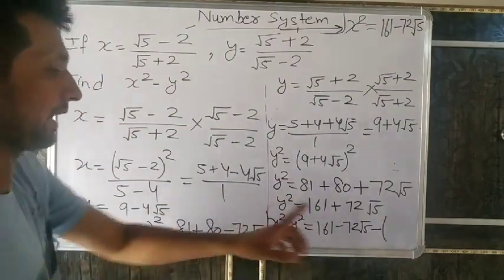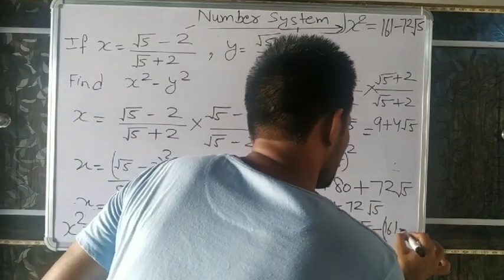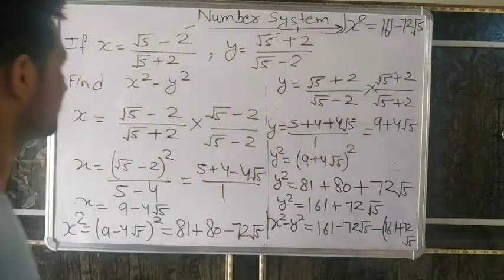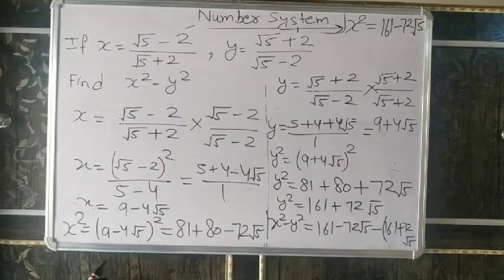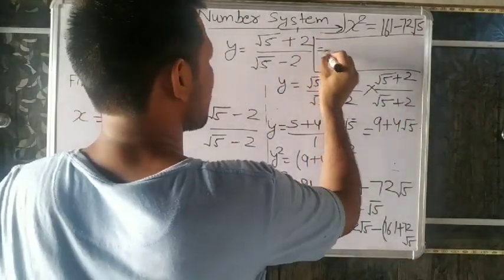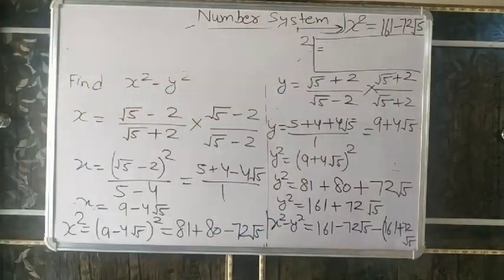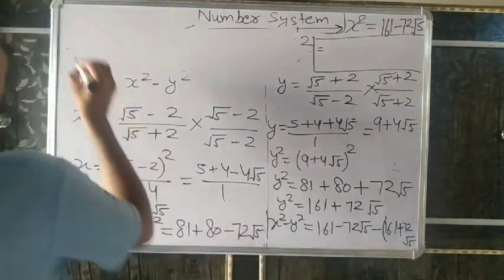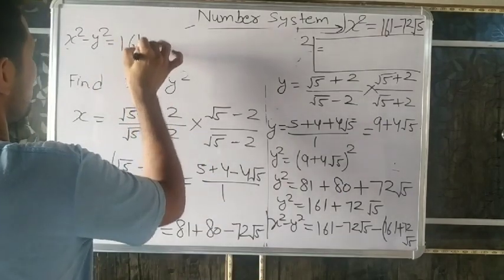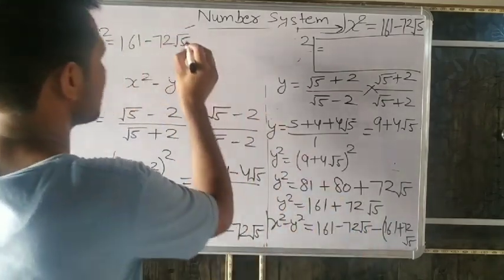in brackets. Whenever there is a minus sign and more than one term, we use a bracket: 161 plus 72 root 5. Understand? So x square minus y square is 161 minus 72 root 5 minus 161 minus 72 root 5.